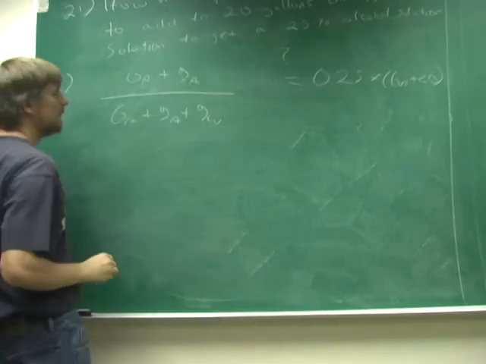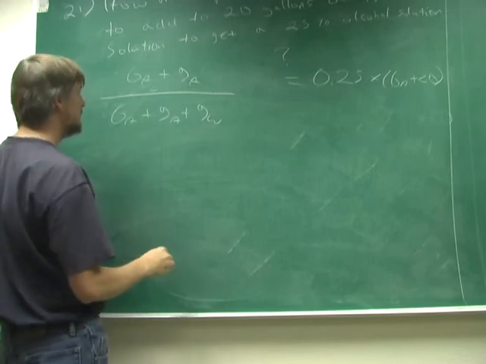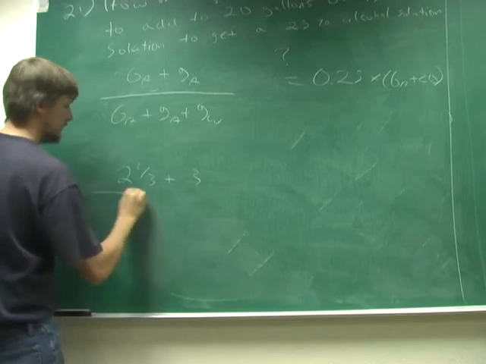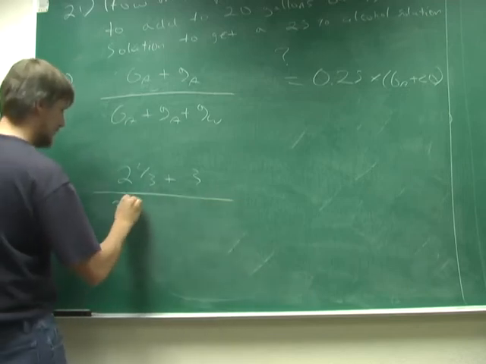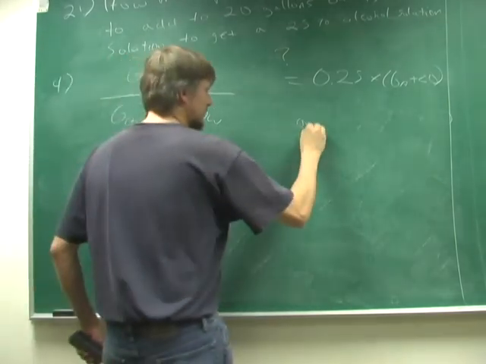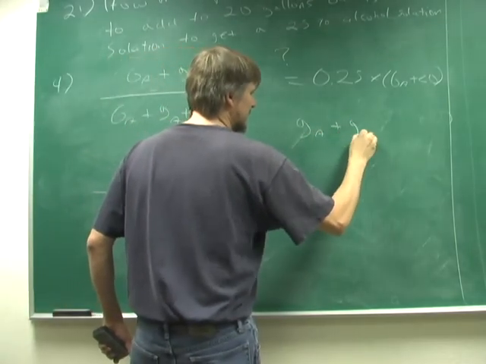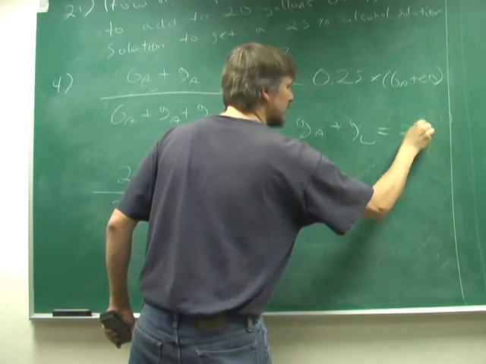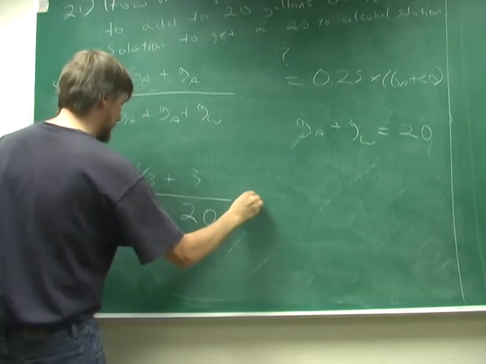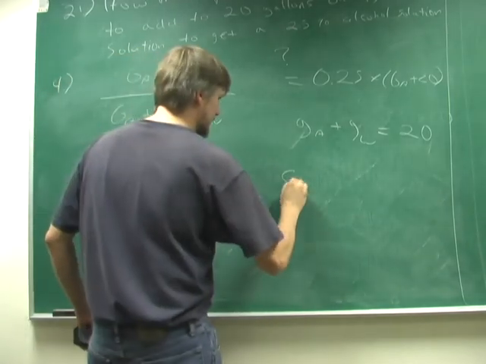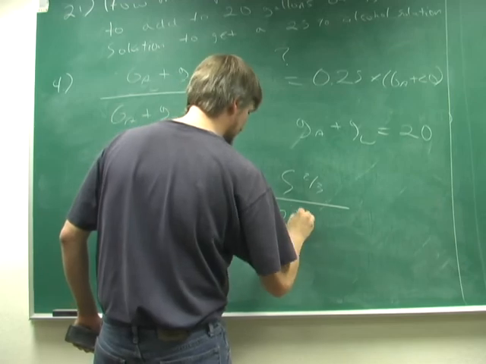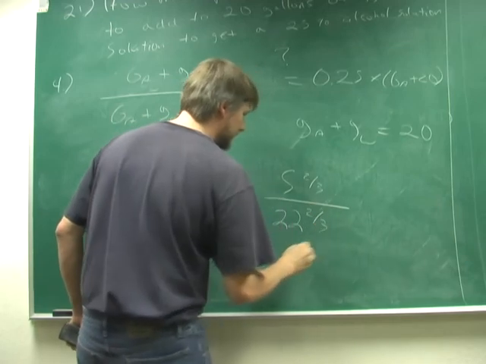Well, we found out from before that little g sub A is equal to 3. So we'll have 2 2/3 plus 3, divided by 2 2/3 plus g sub A plus g sub W, which, if you remember, is the volume of our original solution. That's equal to 20. So this will give us 5 2/3 over 22 2/3.